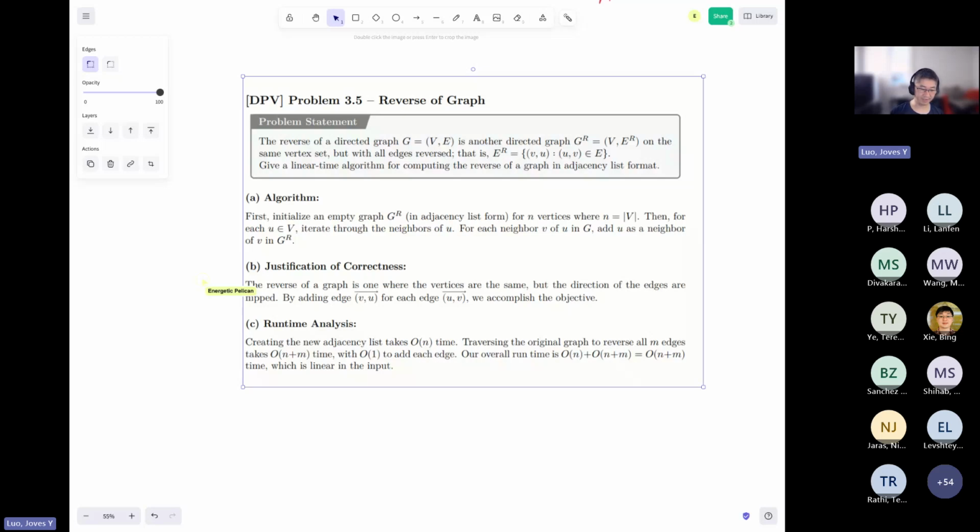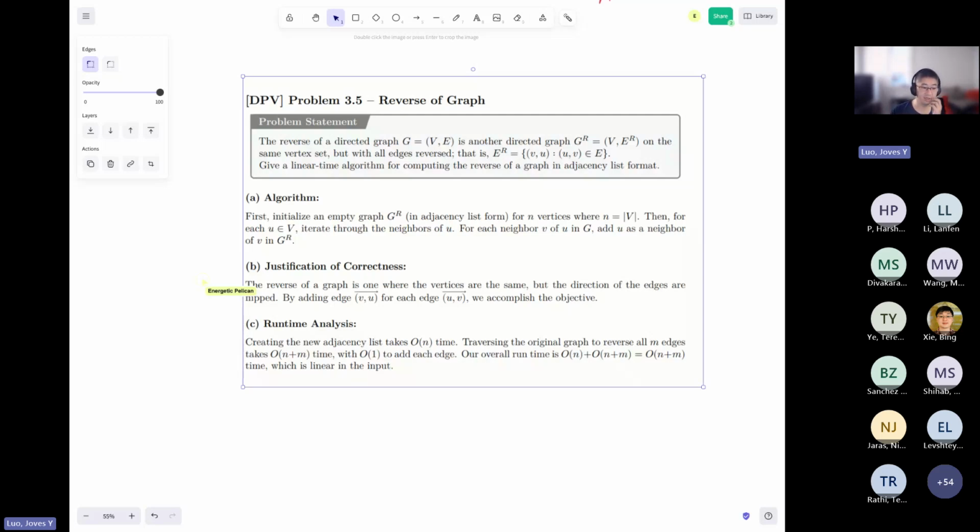So first we initialize an empty graph, G^R in the adjacency list form for n vertices where n equals the magnitude of V. Then for each U, we iterate through the neighbors of U. For each neighbor V of U in G, add U as a neighbor to V. So we take our graph, and every time we find an edge, we add that edge instead to the neighbor, not to itself in the reverse graph, but into the neighbor.